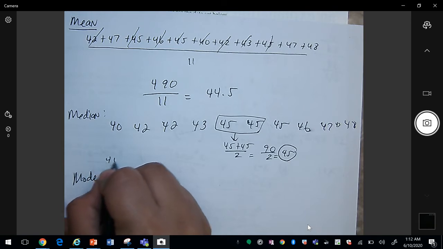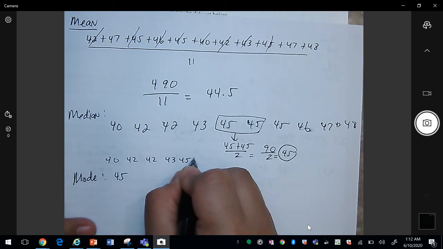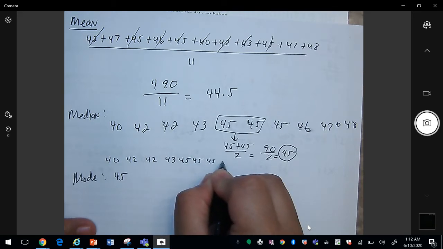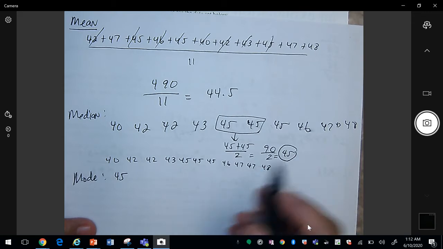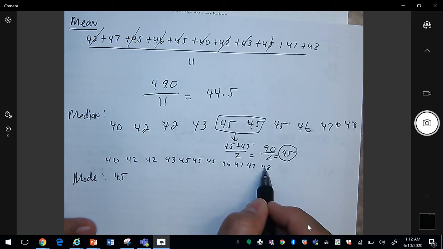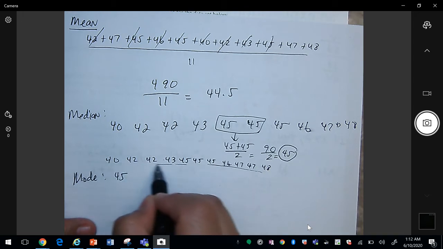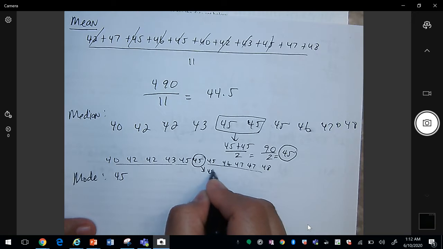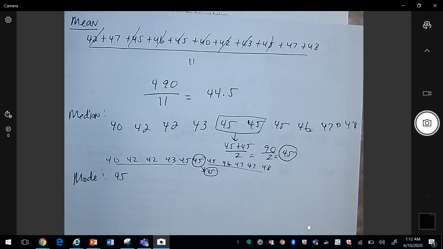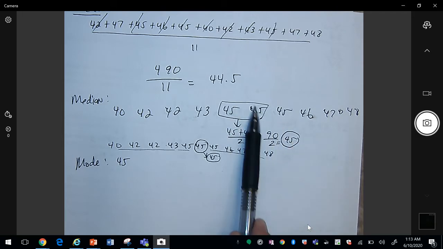Okay, if I rewrite this, just so we can see, then we can see here 1, 2, 3, 4, 5 numbers. 1, 2, 3, 4, 5. So there's only one number in the middle, which is 45. So that would be your median. Earlier I skipped a number, and that's why we ended up with 2 in the middle.